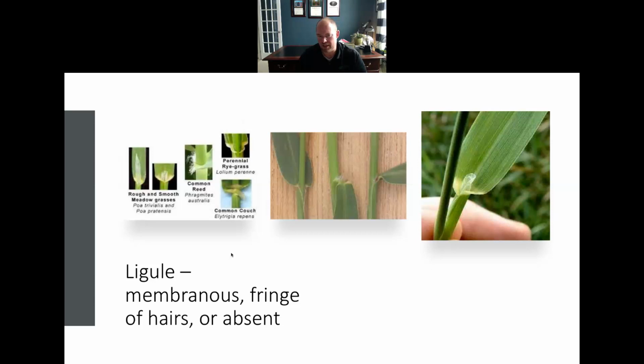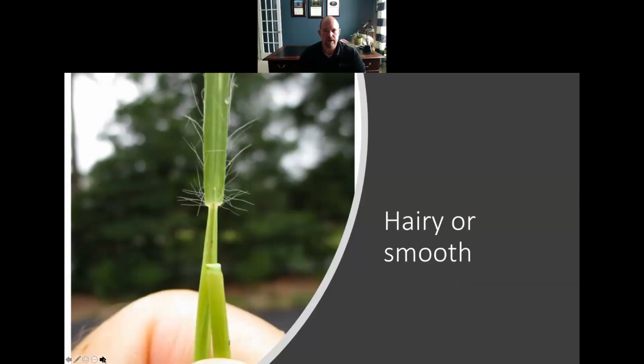It can be membranous, as you can see in this picture, where there's a really good one on the right. It can be a fringe of hairs, as you can see in some of the middle pictures, or like in the Phragmites, you can see it there, very good. Or it could be completely absent. When I say absent, there's still a membrane there; it's just not visible. There's no visible portion of that membrane extending above the collar region. That would again be called the ligule.